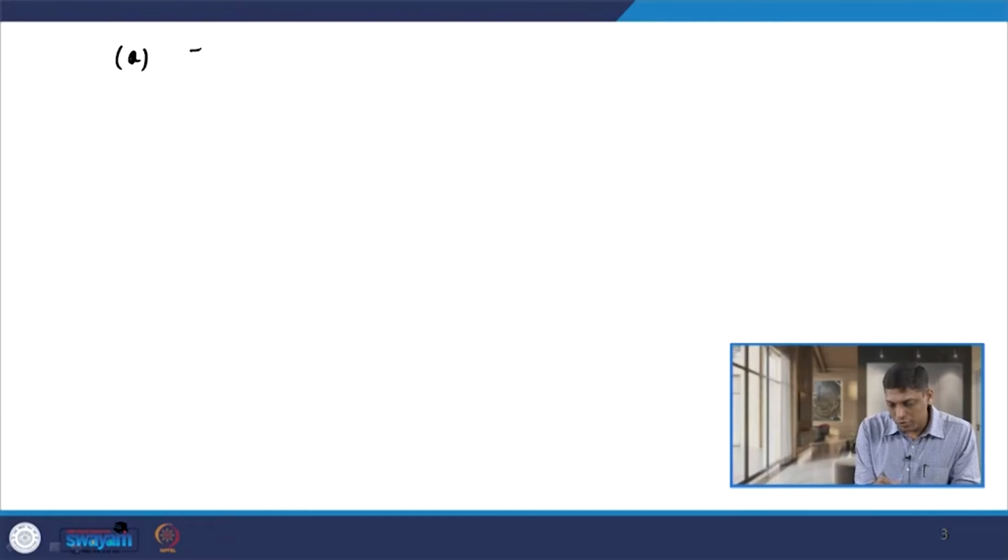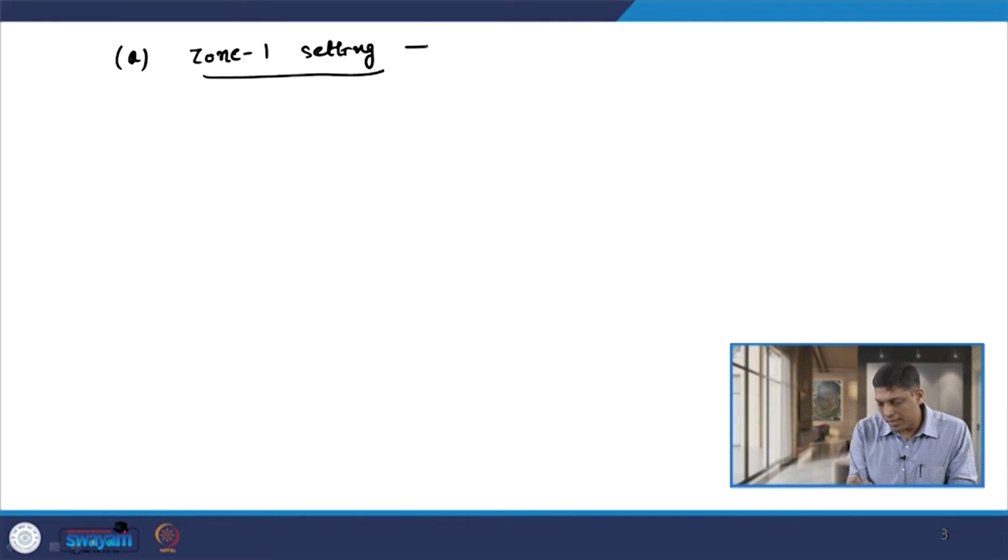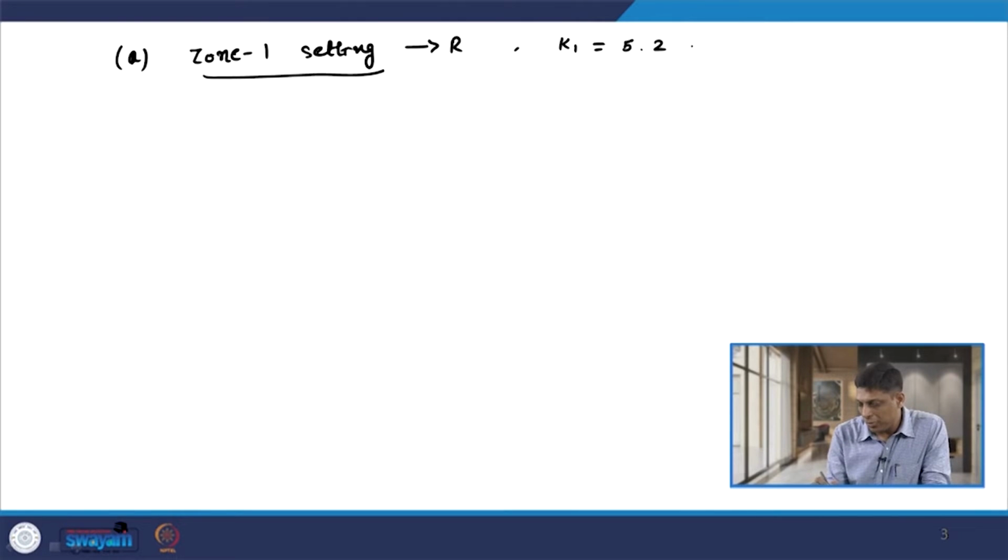So zone 1 setting of relay R. The value of K1, the zone 1 setting, is given as 5.2, the value of K2 is given as 17.32, and the value of K3 is given as 22.72.